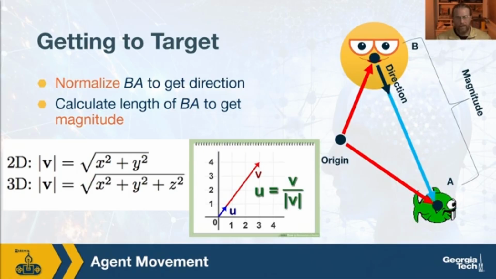For instance, we could take the x and y components from vector BA: x times x plus y times y. Then we take the square root of the resulting sum, and that gives us a magnitude. Then we can take the vector BA and divide by that magnitude, and that gives us a normalized vector, or a unit vector.